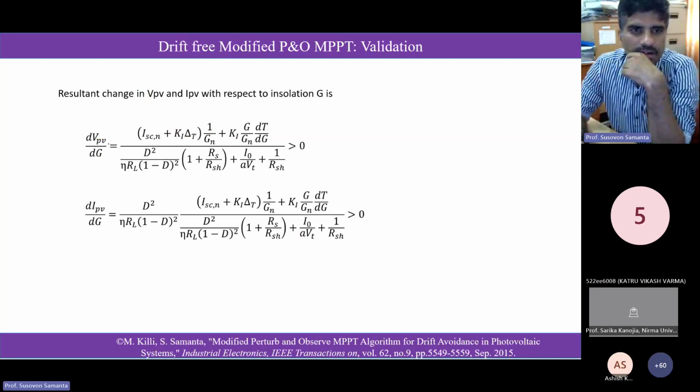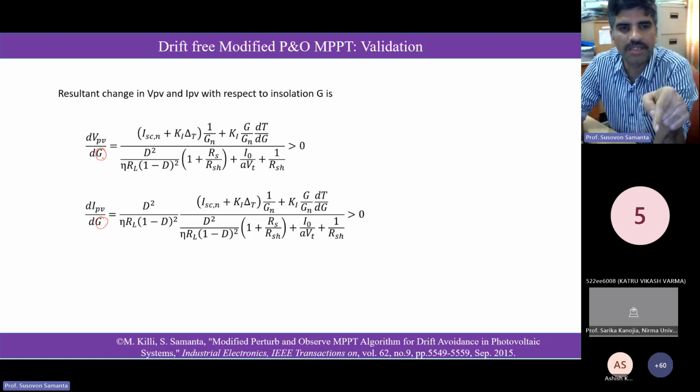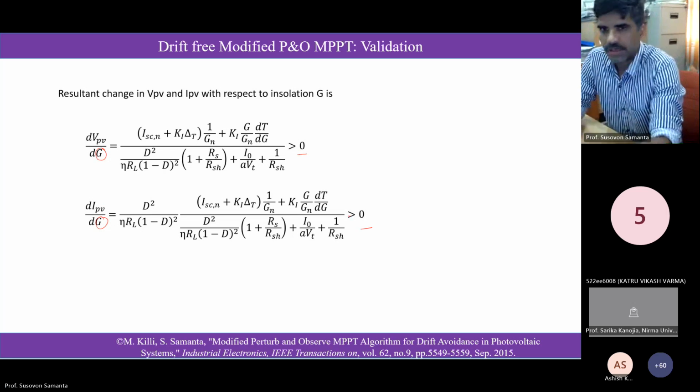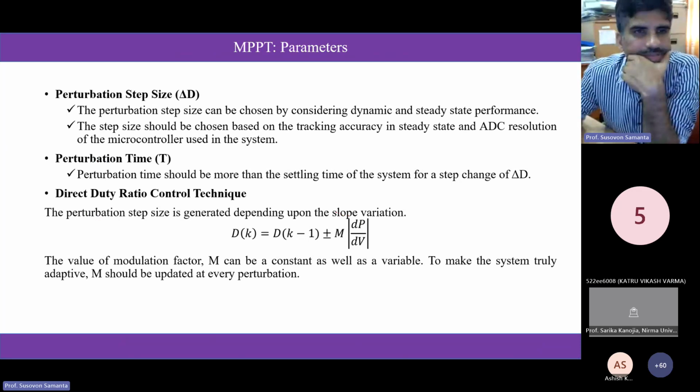So if you take the derivative with respect to change in irradiation, you will see that both dV_PV by dG and dI_PV by dG, that means the change in panel voltage and the change in current with respect to irradiation, are both positive. So this is your modified P&O algorithm.